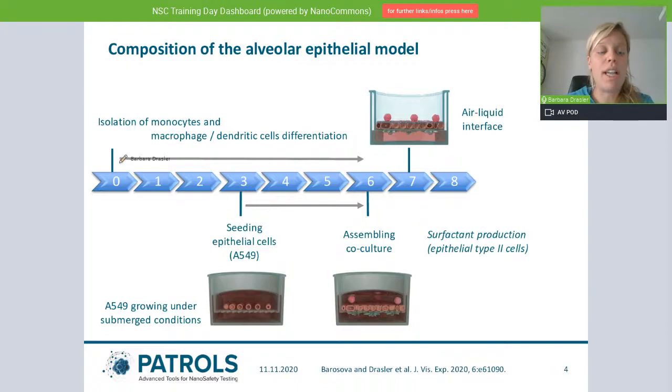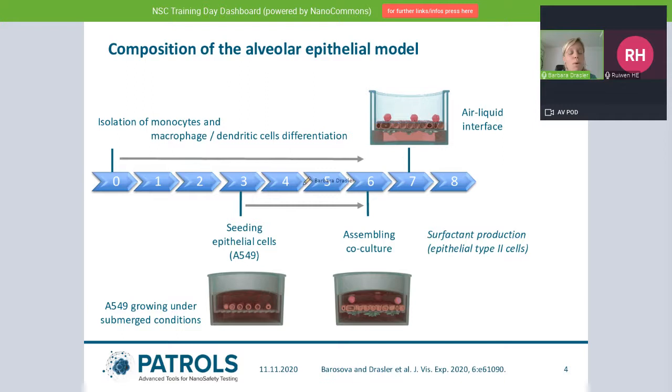And straight after the isolation, we start with differentiation of the two immune cell types that we're using in the model. And these are macrophages and dendritic cells. We cultivate them in specific growth factors in the medium for 6 days. And already during this differentiation period, we start seeding our epithelial cell line.